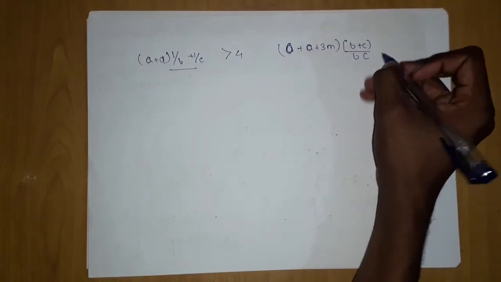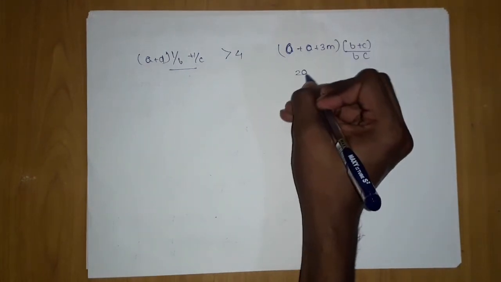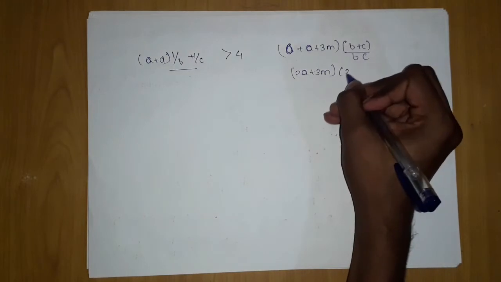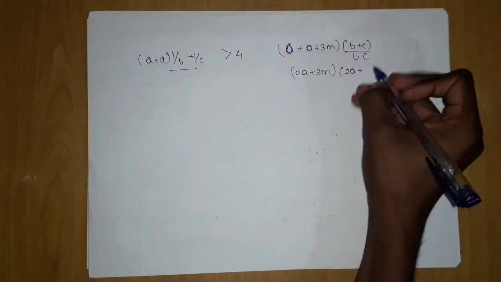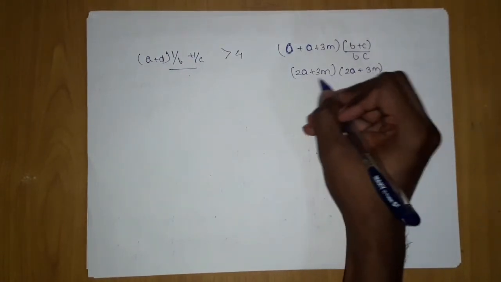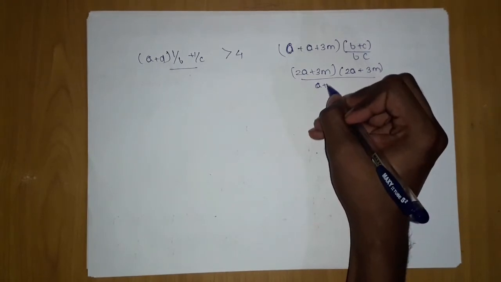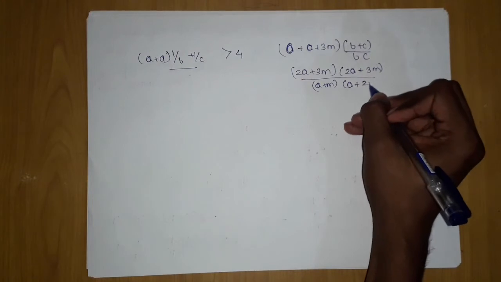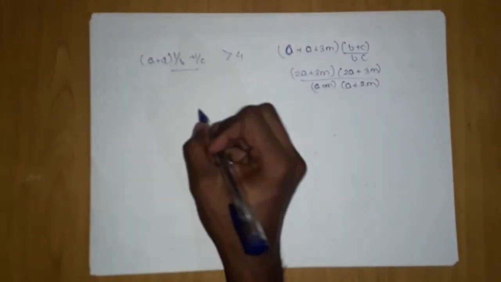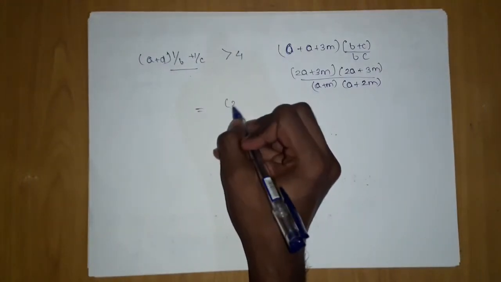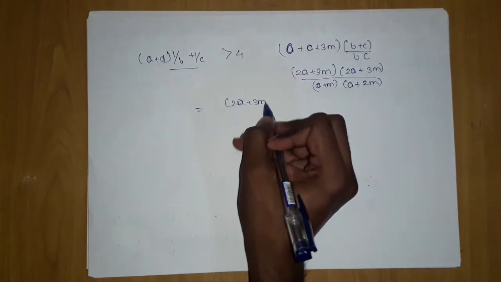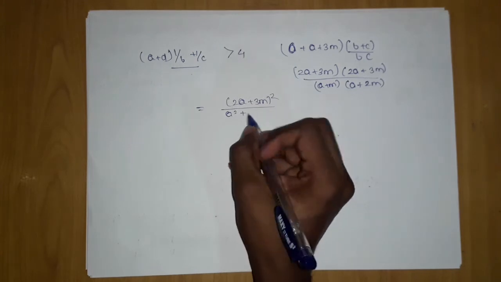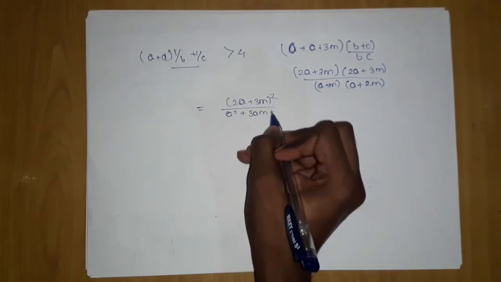Now 2a plus 3m, upon (a plus m) into (a plus 2m). Now if you see properly, this is just (2a plus 3m) the whole square upon this multiplication, a square plus 2am plus am, that is 3am, plus 2m square.